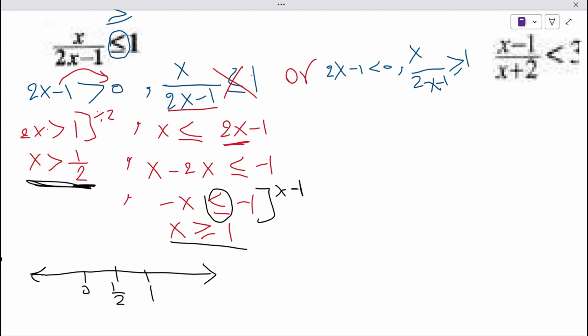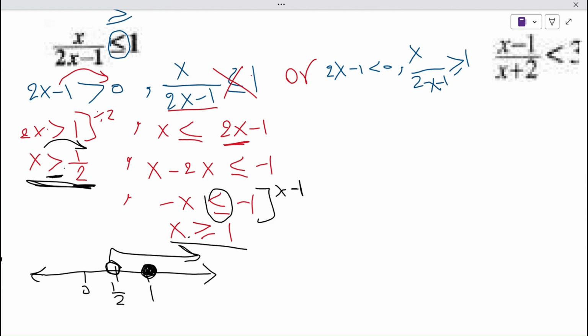Because we don't have equality here, just write down an open circle. x is greater than, it means the positive side. Let's determine another one. x is greater than or equal to, it means we have to fill our circle. Then x is greater than, it means go to the positive side, again this side.